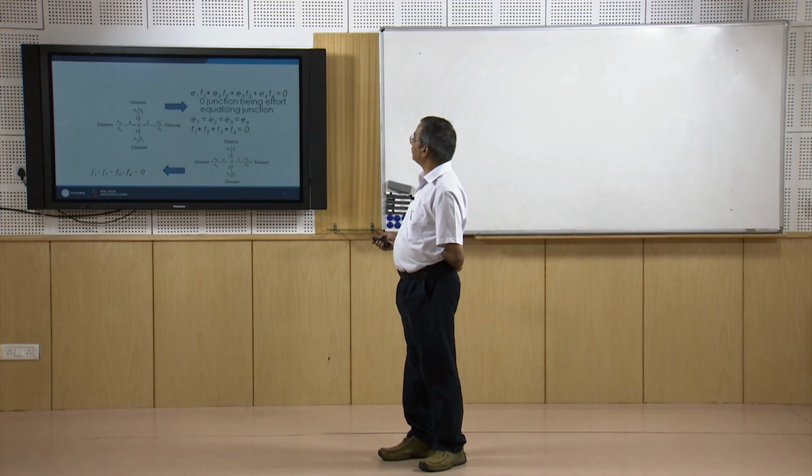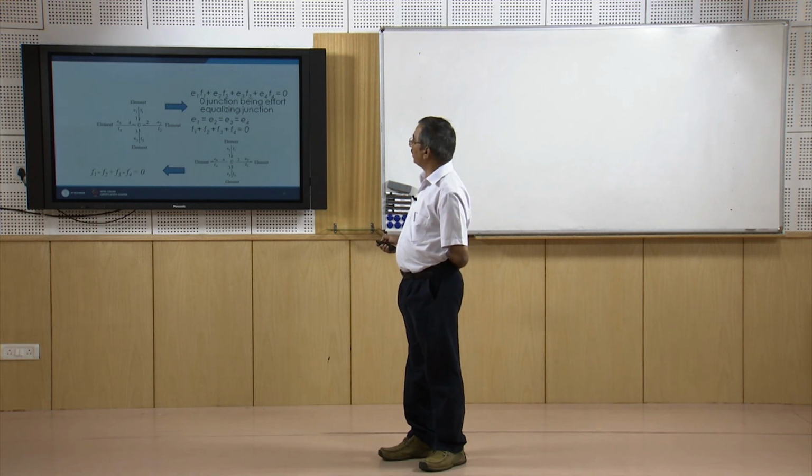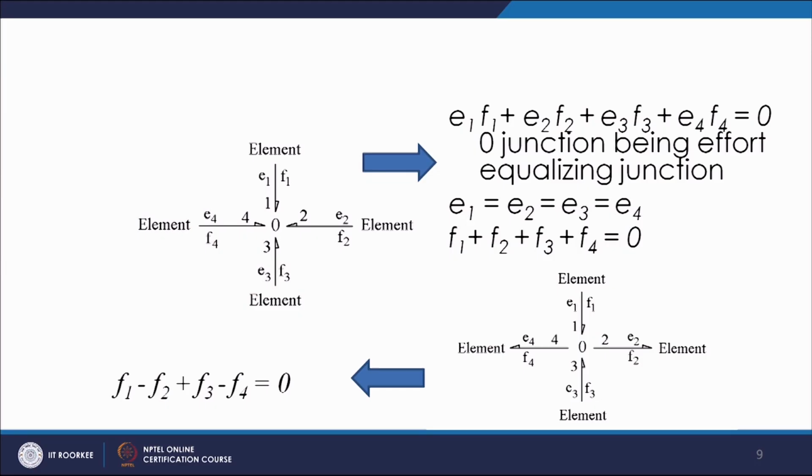Okay. Next, the zero junction. Say the scenario is like this, that the constraint among these 4 elements is represented by a zero junction. Again I can write the power conservation equation here, and the zero junction being the effort equalizing junction, I can substitute the equality of the efforts, and if I put these values here, then I get the summation of the flows.